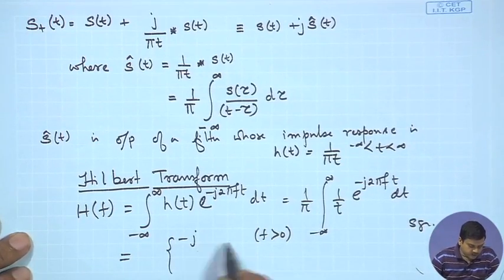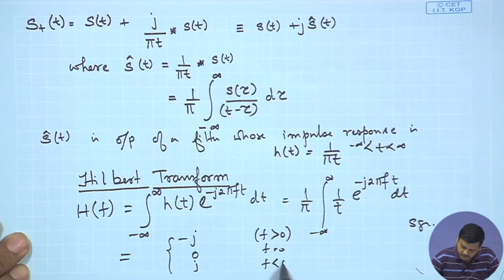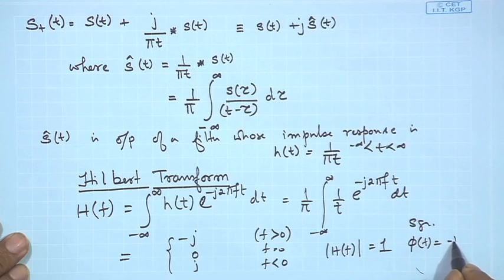So, it equals minus j for f greater than 0, it is 0 for f equals 0, and it is j for f less than 0, and the mod value of H of f is equal to 1, and phi of f is equal to minus pi by 2 for f greater than 0 and pi by 2 for f less than 0.